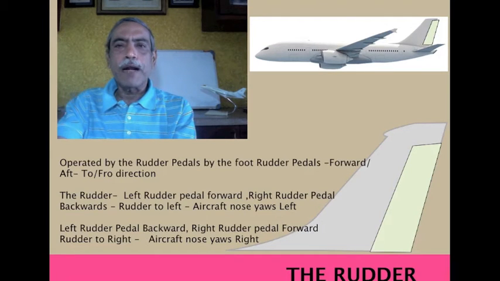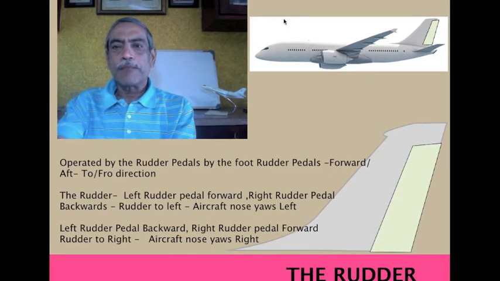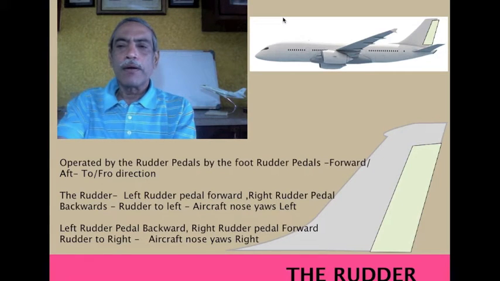When the right pedal is pressed forward, then the rudder moves to the right and the aircraft will tend to yaw to the right. So this is again a very important control surface which provides great directional control for the aircraft.